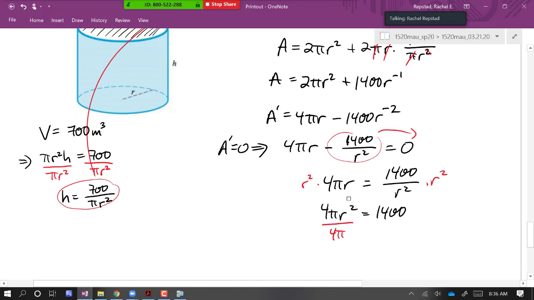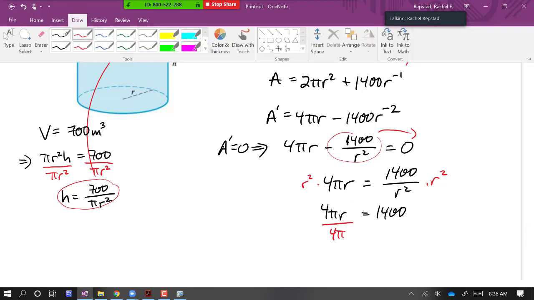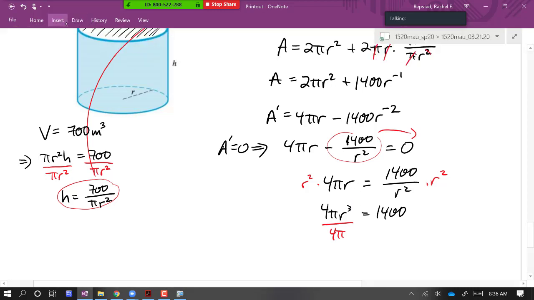Oh, I said r cubed and then I wrote r squared again. Okay, so now r cubed is, let's see, 1400 over 4 is 350, so 350 over pi.